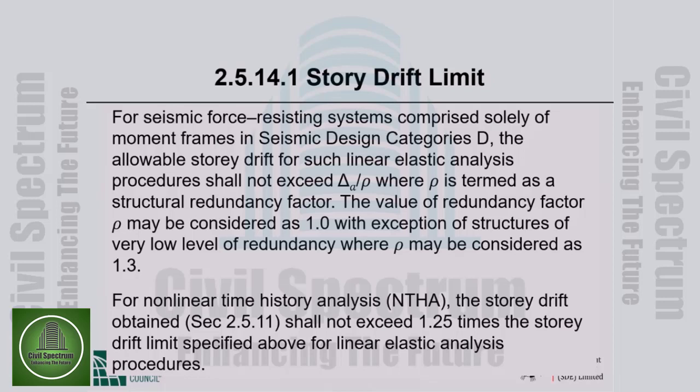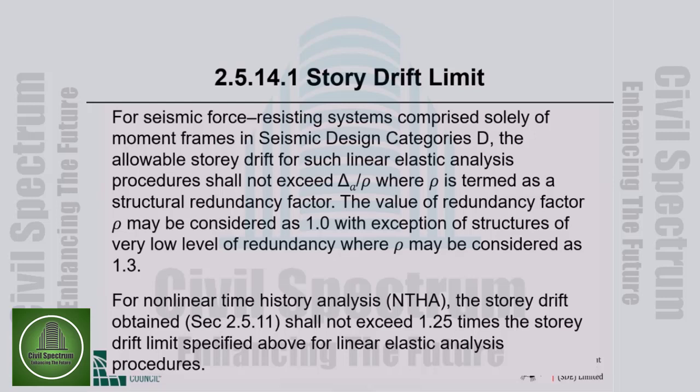So the bottom line is, if the seismic force resisting system consists entirely of moment frames and your seismic design category is D, your drift limit is not delta sub A. It is delta sub A divided by a redundancy factor rho.